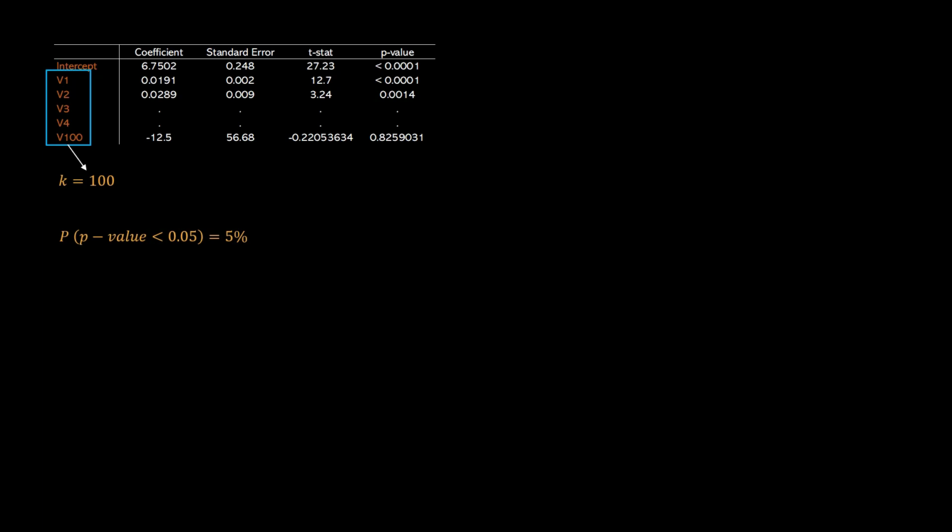That means in a model with 100 regressors, you will accidentally find 5 variables for which the beta coefficients are significant purely because of chance. We will get small p-values as a matter of random chance, even if there is absolutely no true association between the regressor and the response variable. And we will end up including those variables in the model.